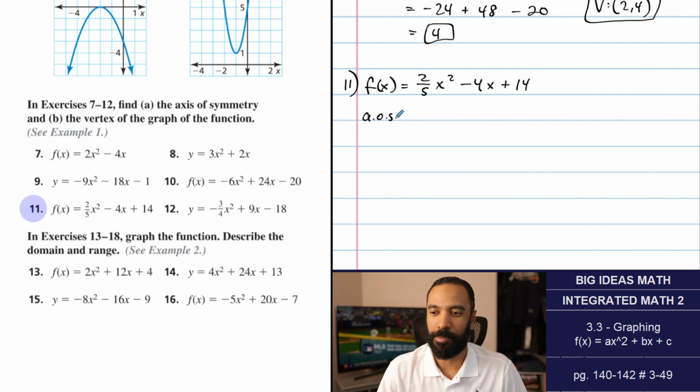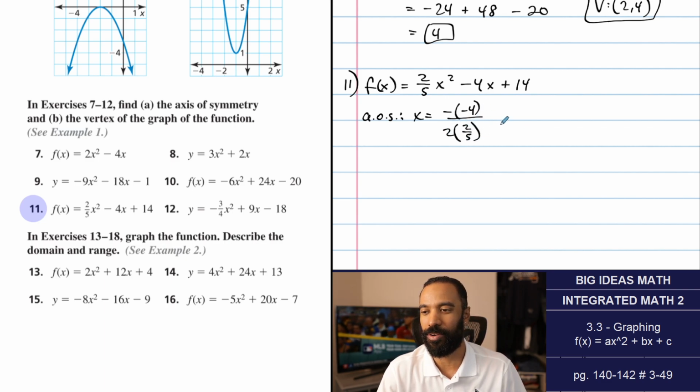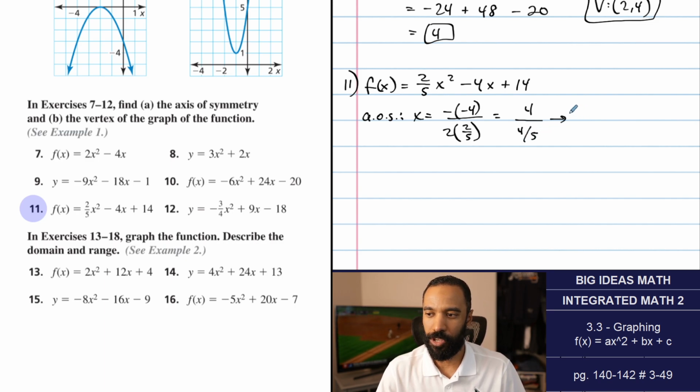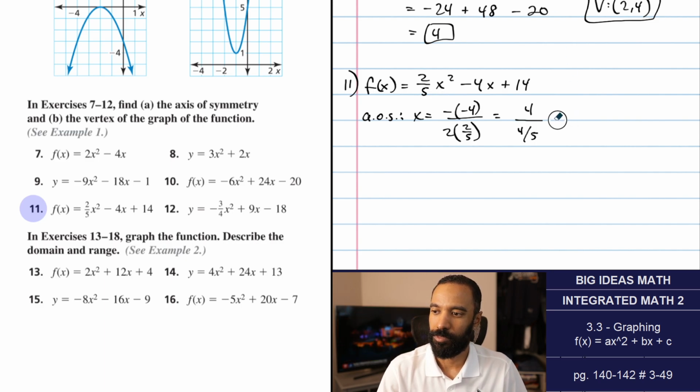The axis of symmetry exists at x equals negative b over 2a. Oh my goodness. What am I going to do for 2a there? The opposite of negative 4 is 4, and we're dividing by 2 times 2/5. That is 4/5. Now, when you, let's put equals.